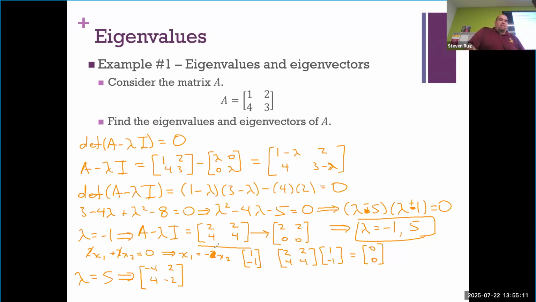Right. And if you do this right, this will always be possible. You should always be able to eliminate at least one row. So in this case, if I add them together, which one do you want to keep? The one with the negative 4 or the one with the positive 4? Sounds good. 4, negative 2, 0, 0. So how does that help us get to a vector?